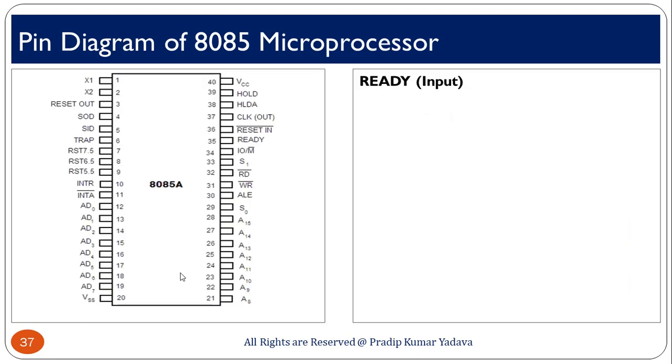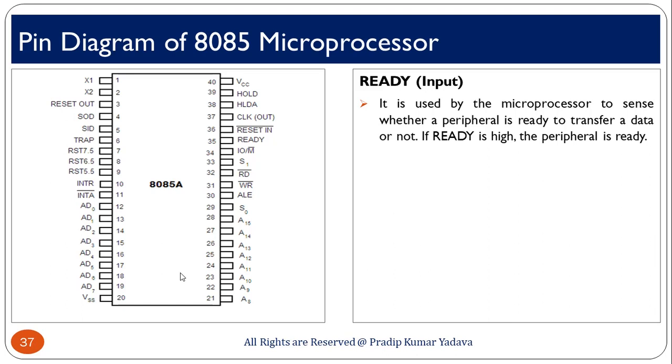Now READY is used by the microprocessor to sense whether a peripheral is ready to transfer data or not. If the READY signal is high, it means the external device is ready to transfer the data to the microprocessor. So basically this signal indicates that the peripheral device is ready to transfer data to the microprocessor.